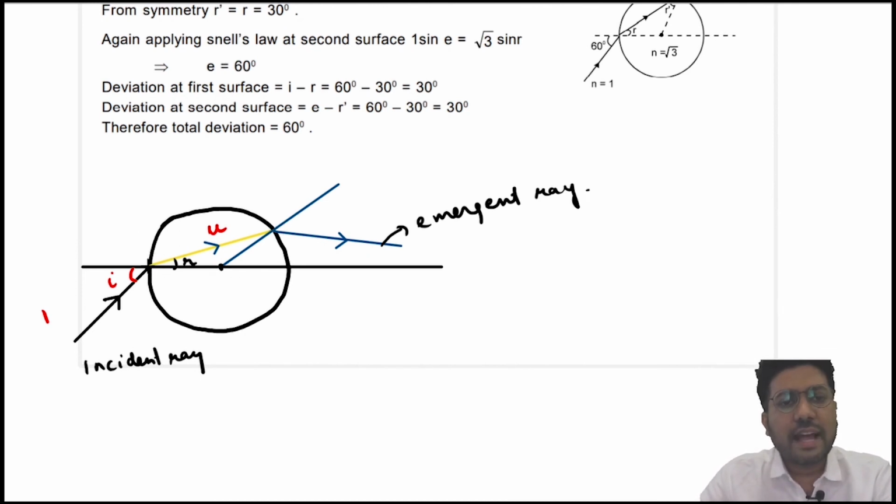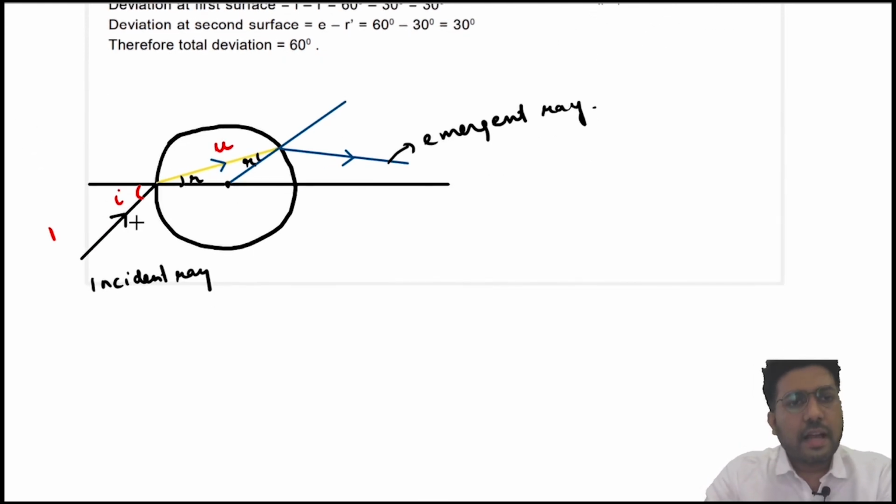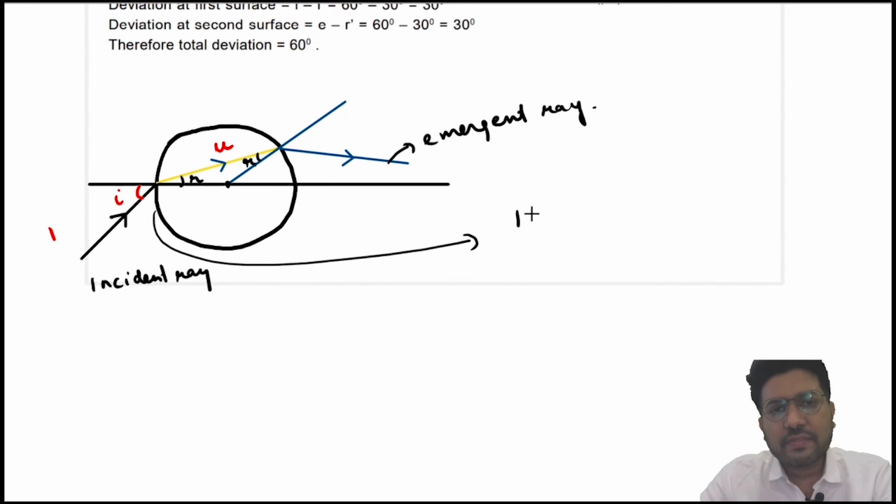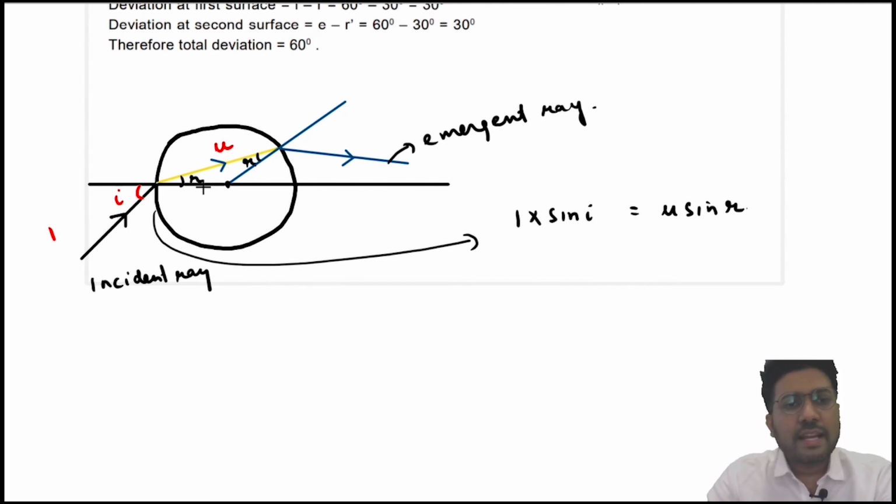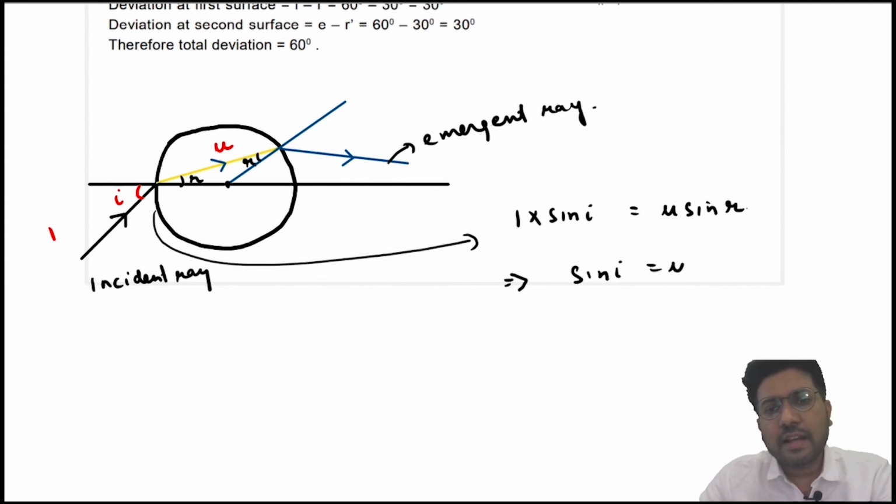Now if this is an isosceles triangle, then this is R, this is also R. Listen carefully now, this is very important. I will apply Snell's law in this surface. 1 into sine I is equal to mu into sine R. That means sine I is equal to mu sine R.